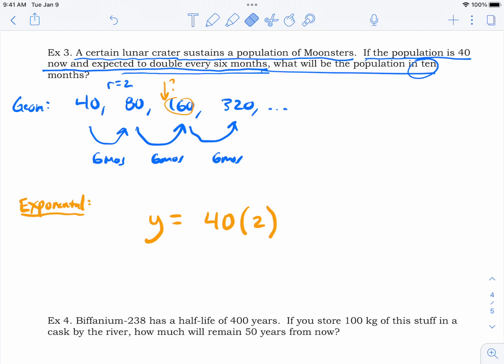We've got time here. What we want is, we want it to double when 6 months have gone by. So take the time and divide it by 6. And notice that when t equals 6 months, the exponent is 1, so it's times 2 to the 1.